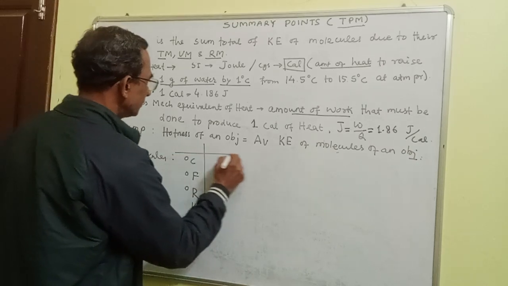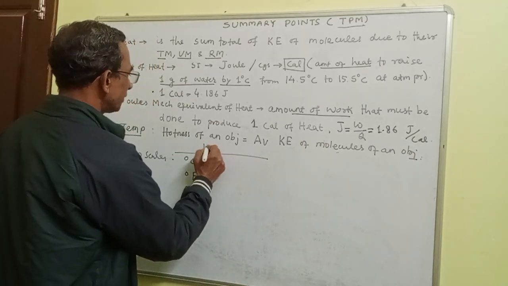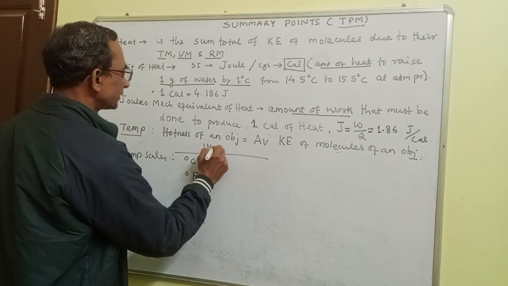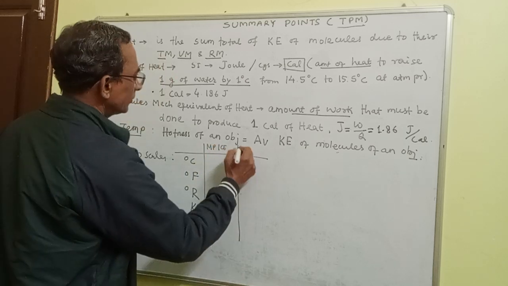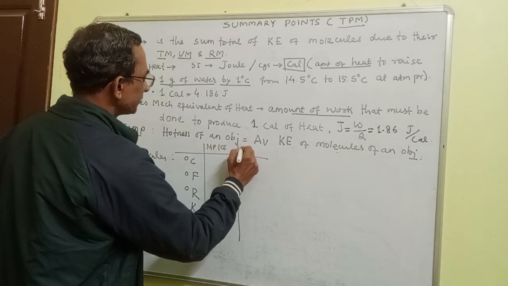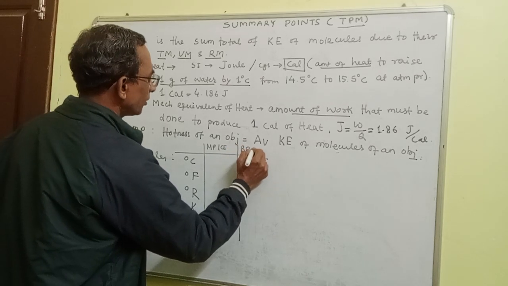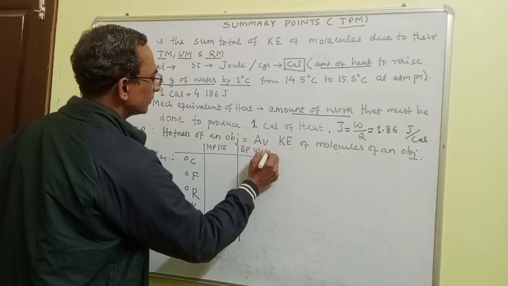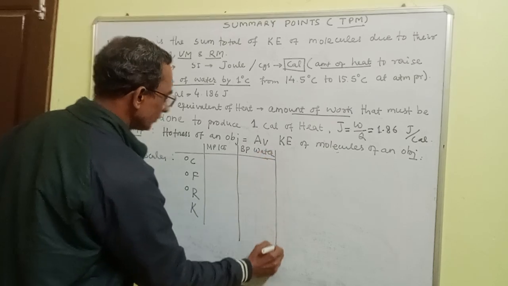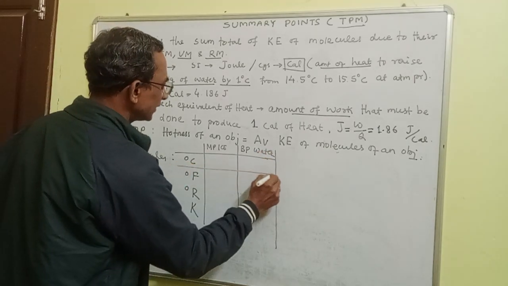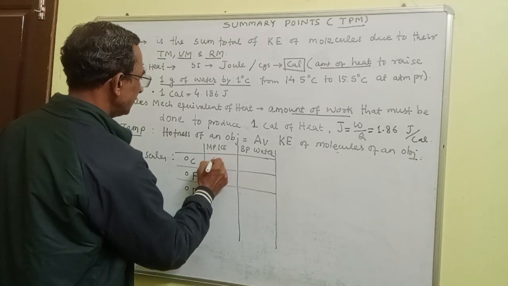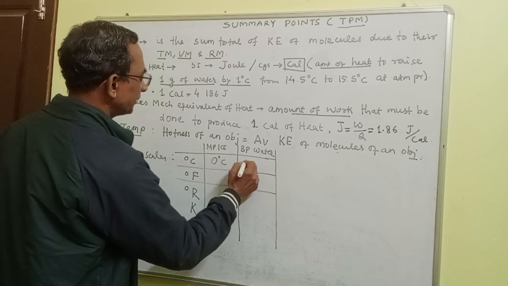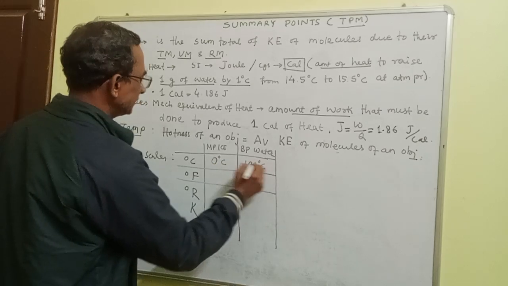In that we have ice point or melting point of ice, and steam point or boiling point of water. In degree Celsius, it is 0 degree Celsius and 100 degree Celsius.